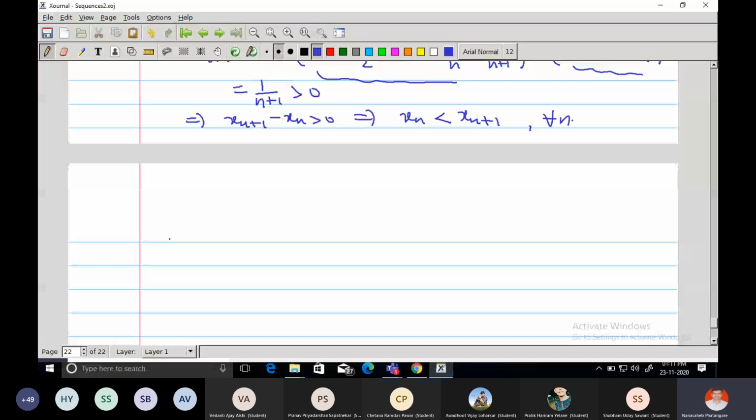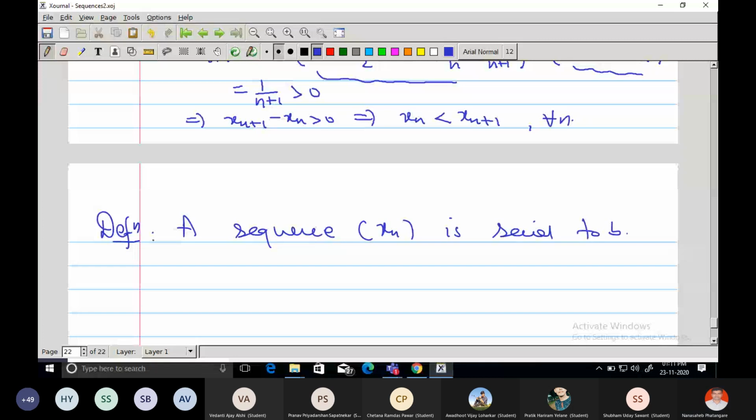So, therefore, a sequence xn is said to be monotonic decreasing or monotonically decreasing if xn is greater than or equal to xn plus 1 for all n.